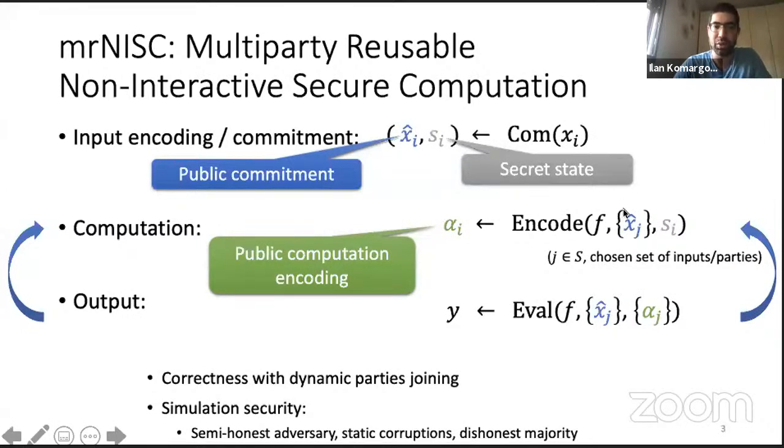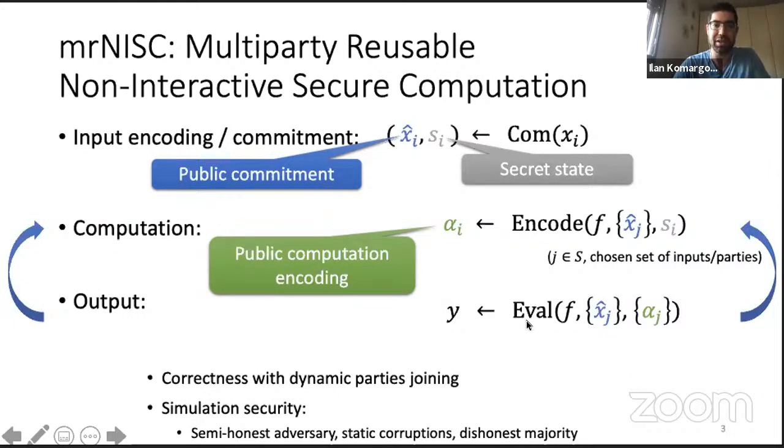together with all of the known public encodings of some subset of parties and the secret state of only that party. It can encode the message alpha, and then, given all of the alphas together with the encodings of the private inputs of the corresponding parties, it should be possible to publicly compute the output of the functionality.